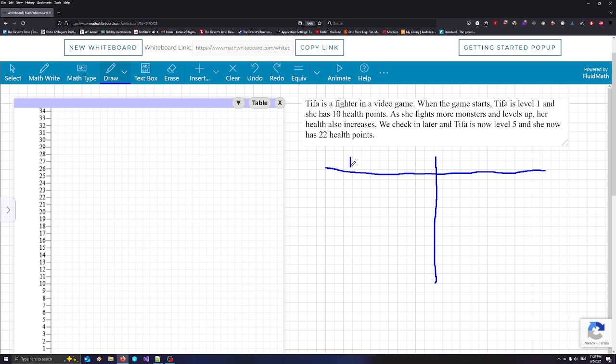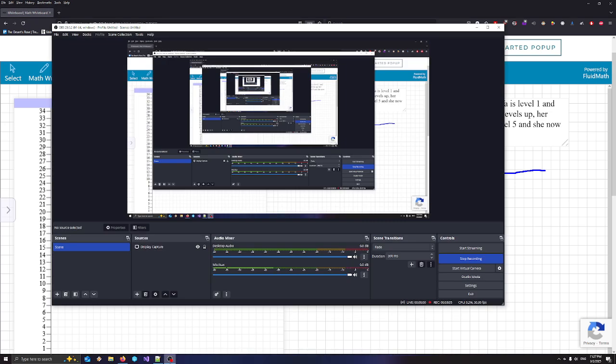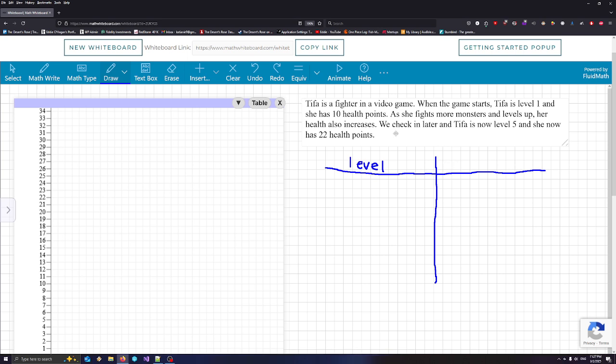The two things we're looking at are level and health points. Level, and health points.